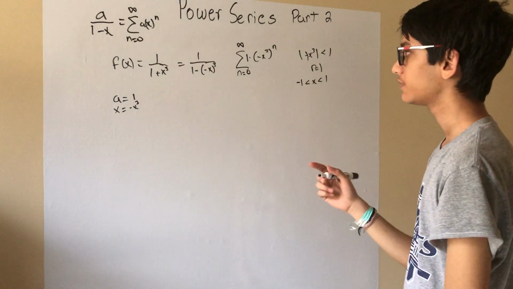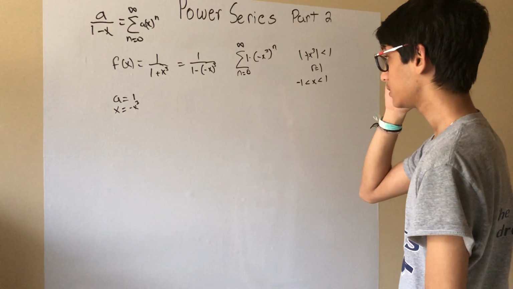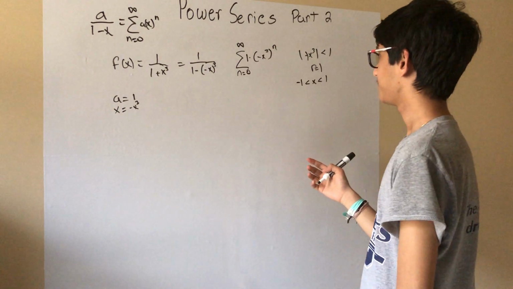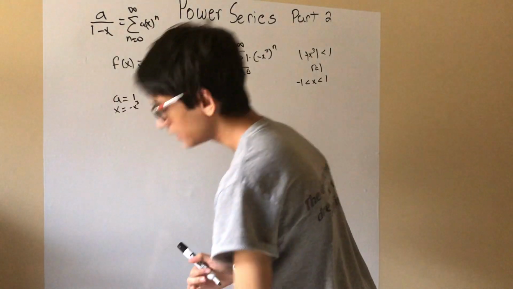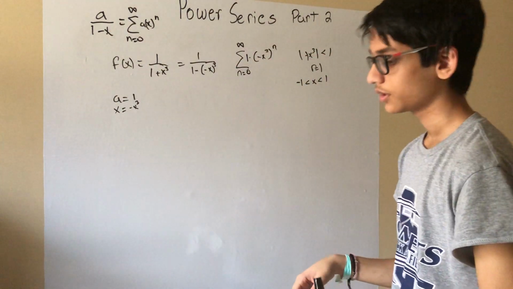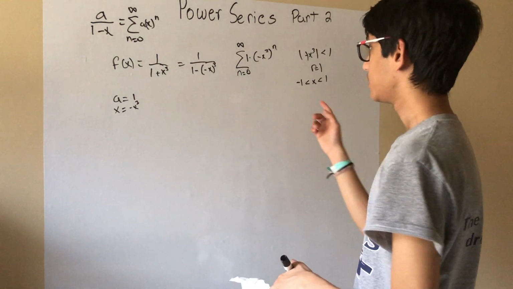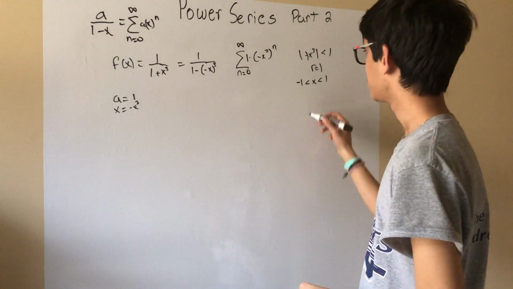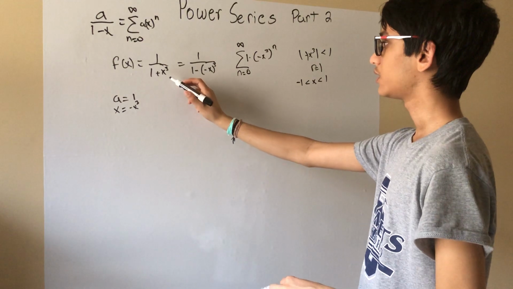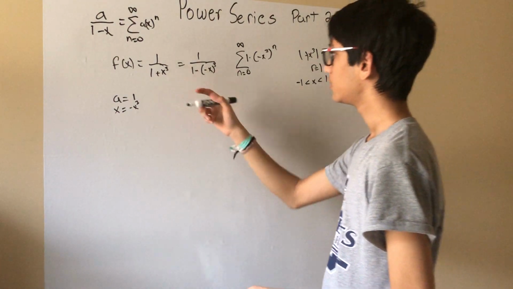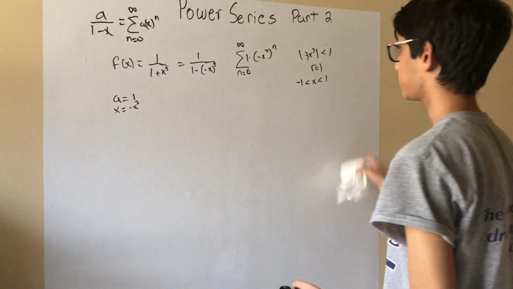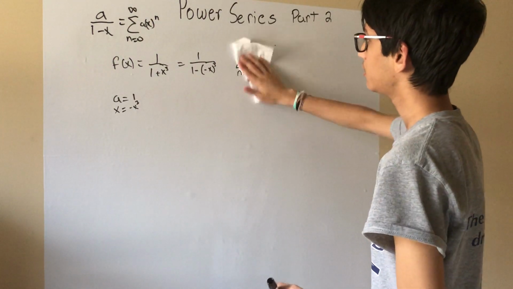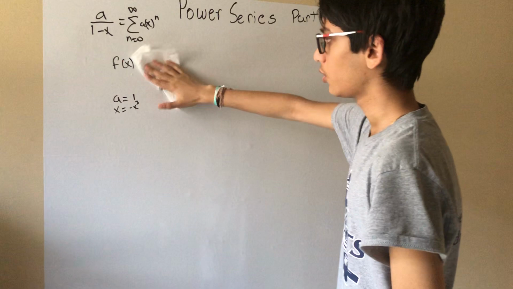And you could check to see if that converges or diverges at the endpoints. Neither one of those converge because if you plug in negative 1 here, it would be 0. Moving on, let's go on to the next problem. That one was kind of simple if you followed along.